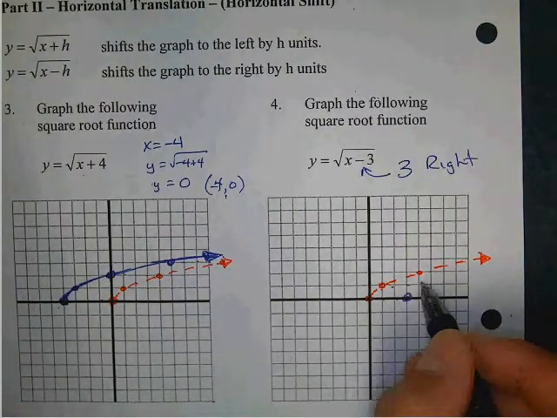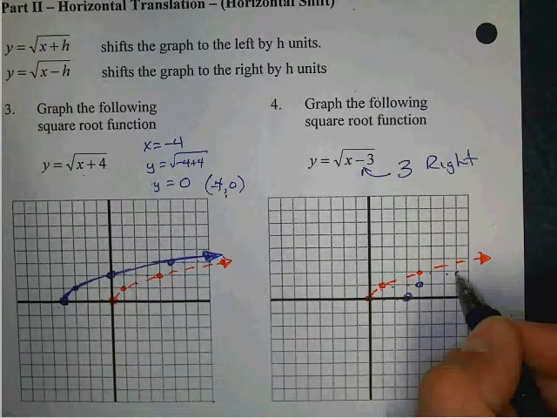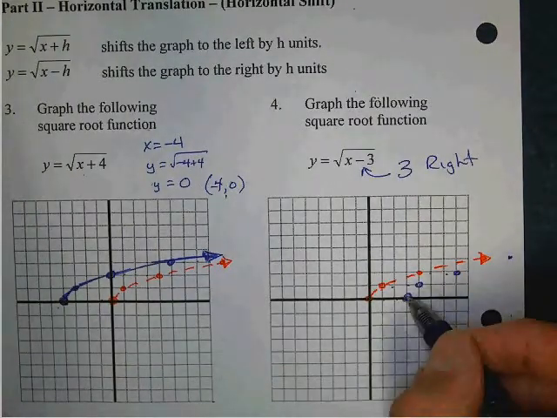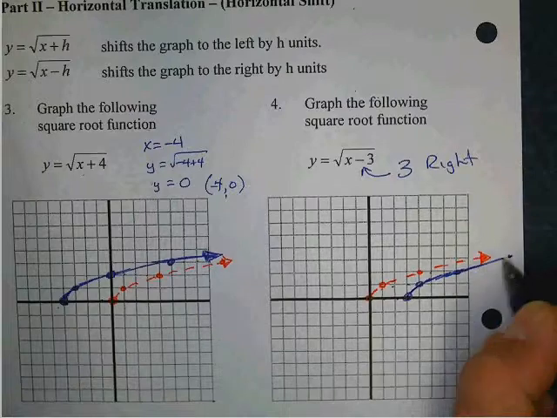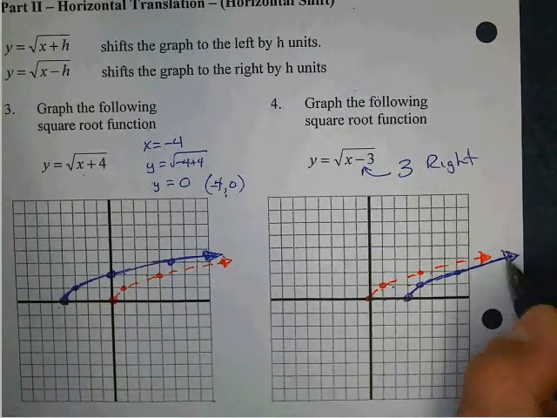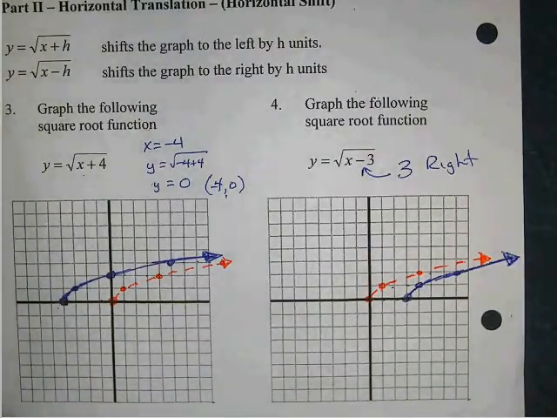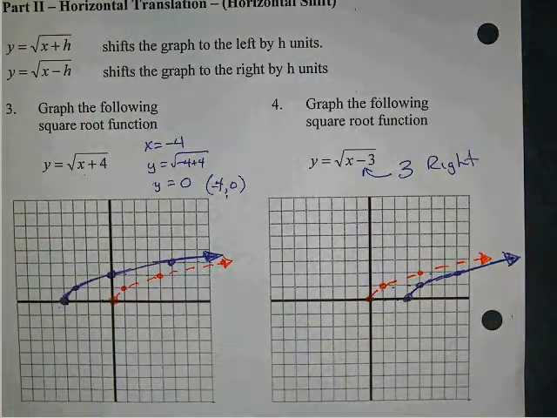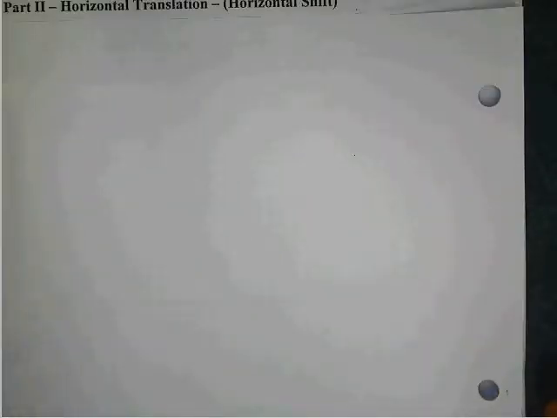So 1, 2, 3, 1, 2, 3, 1, 2, 3, and off the graph. Yes, Gesundheit. So far, so good. Who feels like they get the shifts? Most of us? All right, let's slide back to page 46.